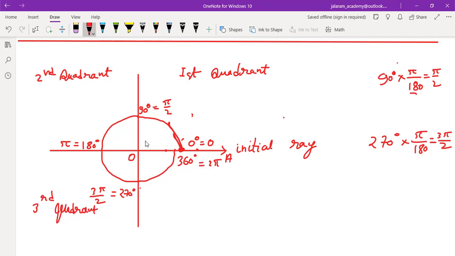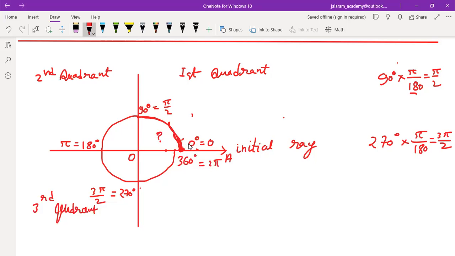So first quadrant angle means between 0 degree to 90 degree. Any angle which lies between 0 to 90 degree is said to be lying in the first quadrant, and all the angles coterminal to them will also lie in the first quadrant.